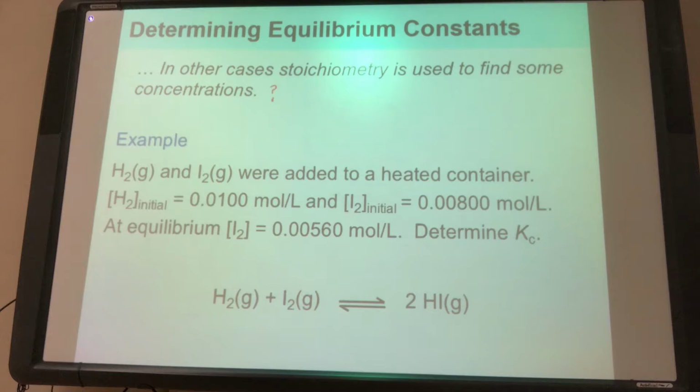So what am I looking for? I'm looking for the Kc. What did they give me in the problem? They gave me the H2, and remember, anytime we write this, I want you to write what it's for. Is it equilibrium, final, initial? It's the initial, 0.01 molar. What else?